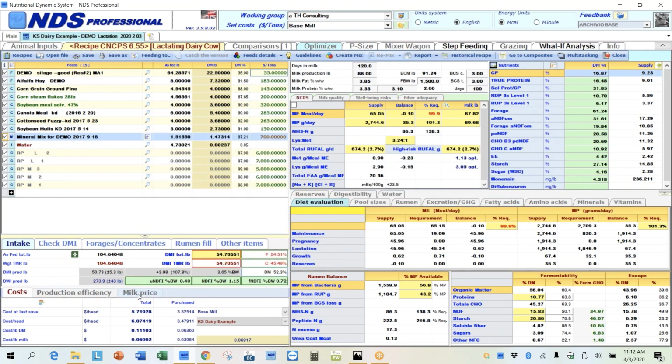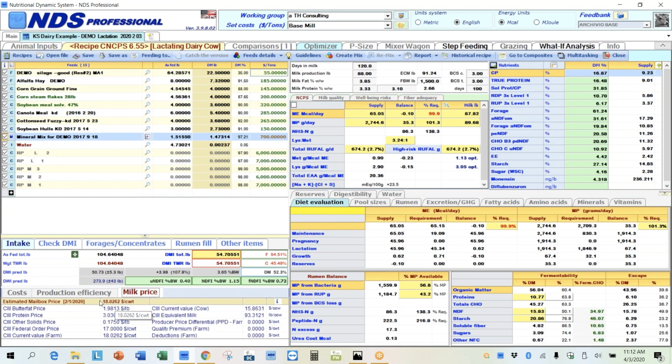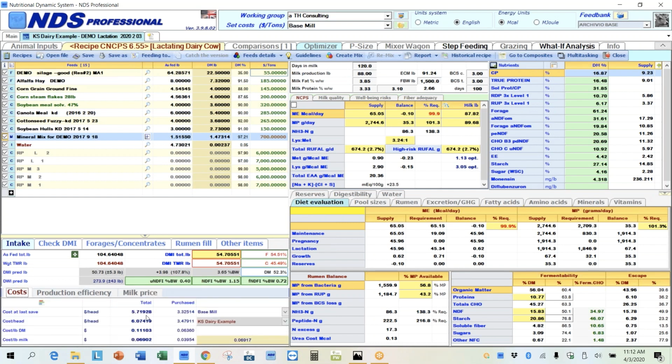So I want to double check my milk price here. This is the most current milk price that's coming through the import from the Federal Milk Marketing Order. Cost of the ration here, dry matter 54, shooting for 88 pounds of milk, and it's about right in there on this dairy.